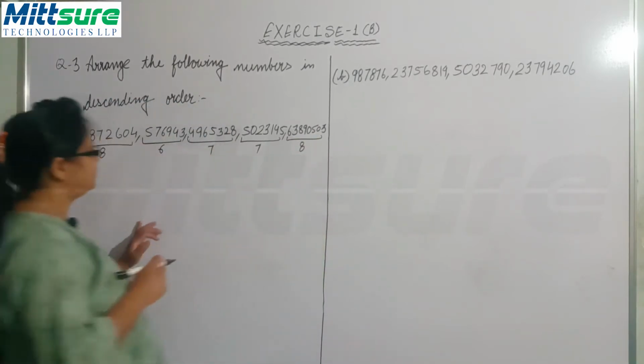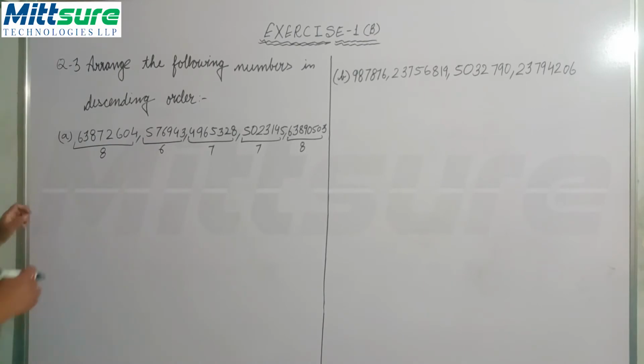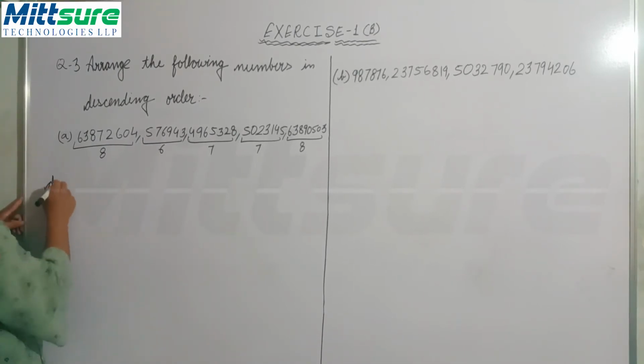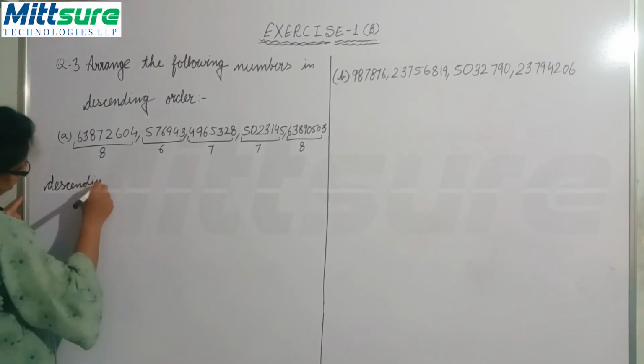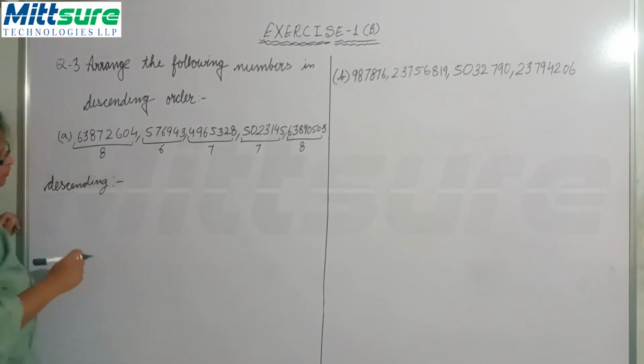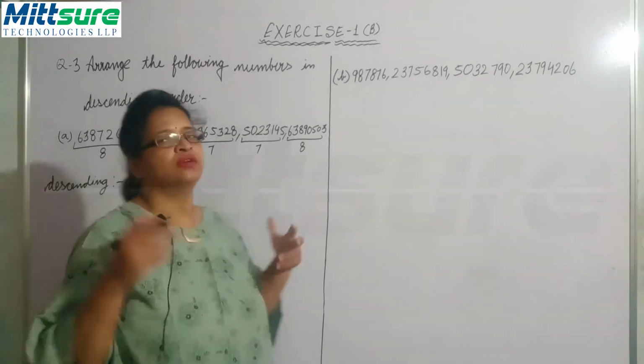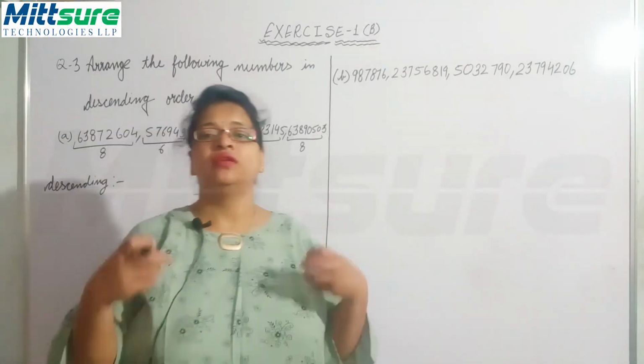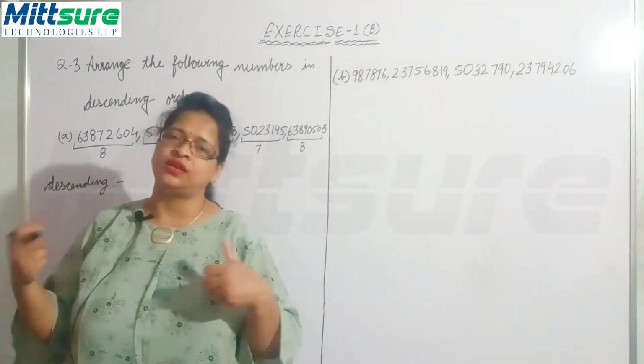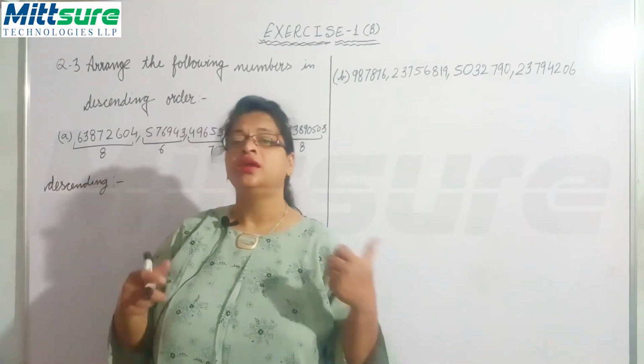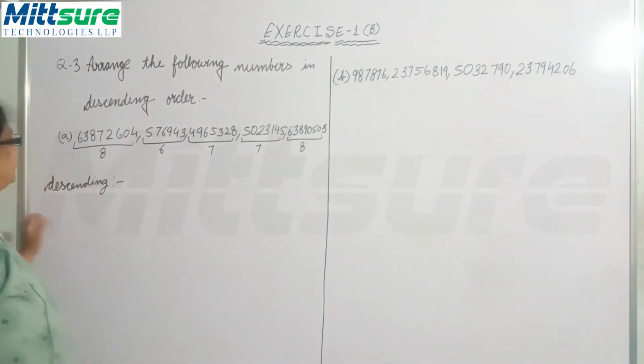In descending order, we have to write the greatest number first, and then smaller than the previous, and smaller than the previous.